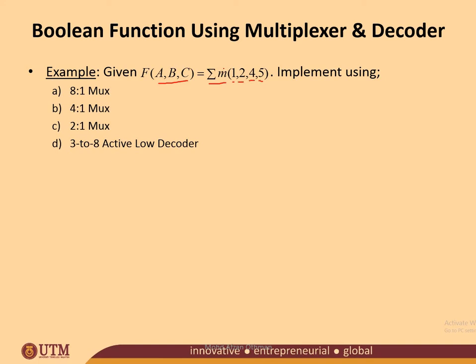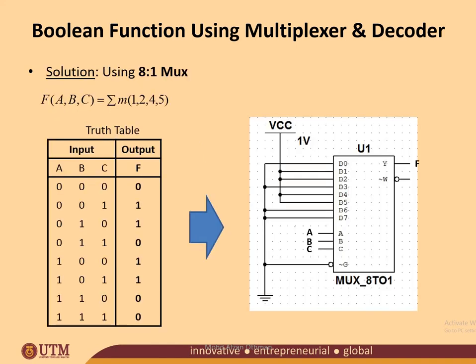What does minterm mean? It means your function output of 1 will be at 1, 2, 4 and 5. Implement using an 8 to 1 mux, a 4 to 1 mux, and a 3 to 8 active low decoder. We try to see the solution using an 8 to 1 mux.